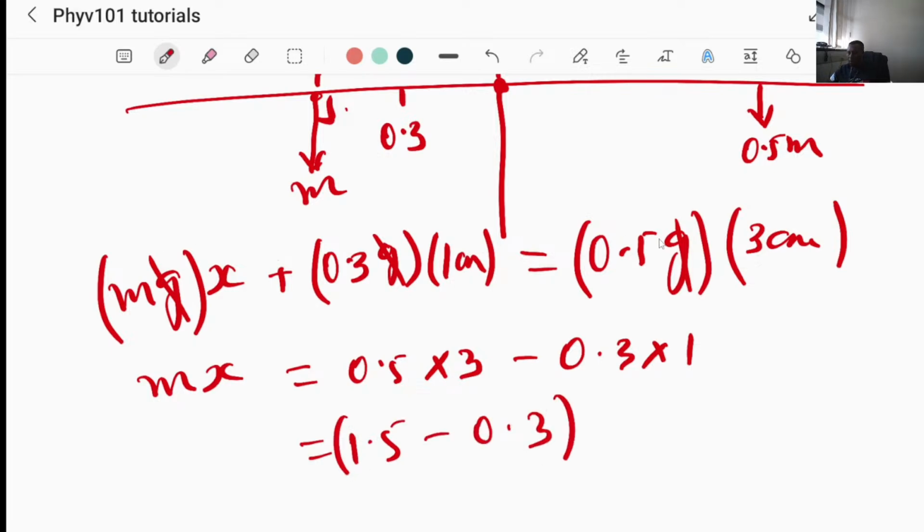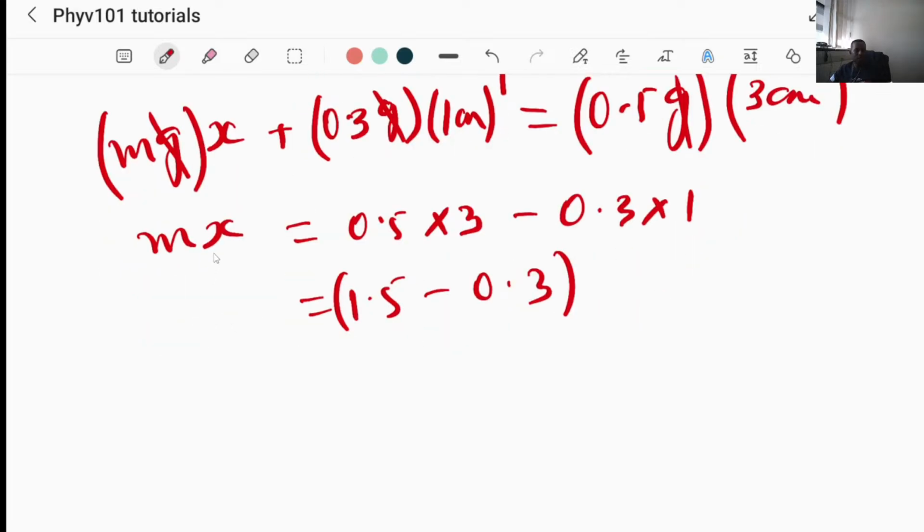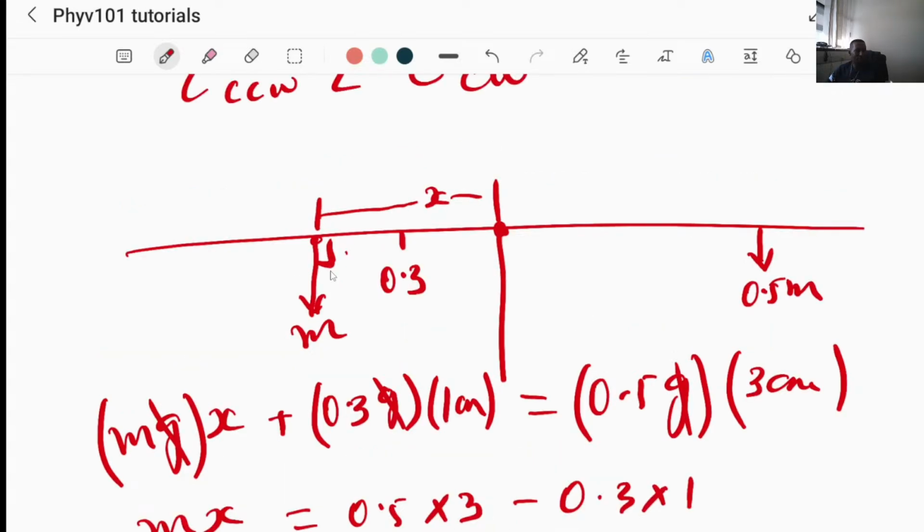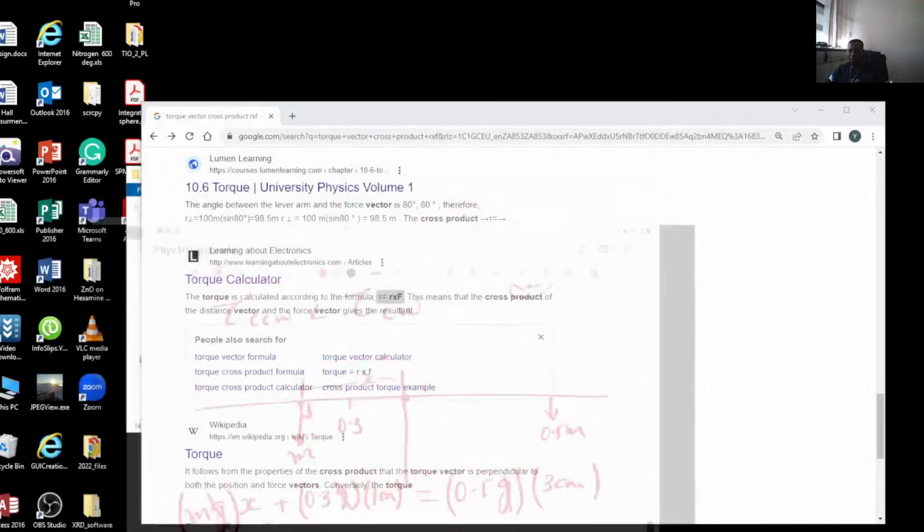Therefore, I don't know. M is not known, X is not known, I can't tell. But I could tell from the given equation that mass must be hung on the side where the 0.3 kilogram mass is hanging.